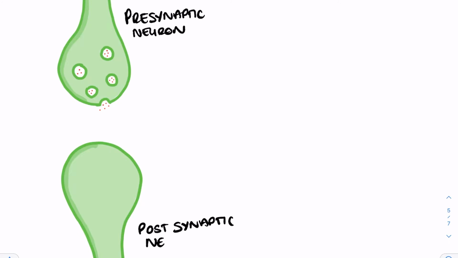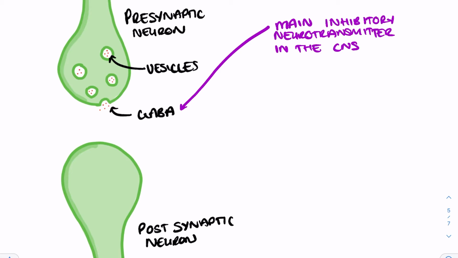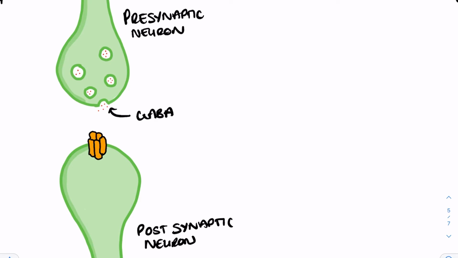Here we have a diagram of a synaptic junction between a presynaptic neuron and a postsynaptic neuron. Neurotransmitters are packaged into vesicles in the presynaptic neuron, and the neurotransmitter we're interested in is called GABA. And GABA is the main inhibitory neurotransmitter in the central nervous system. In order to investigate how valproate works, we must first know how GABA acts.